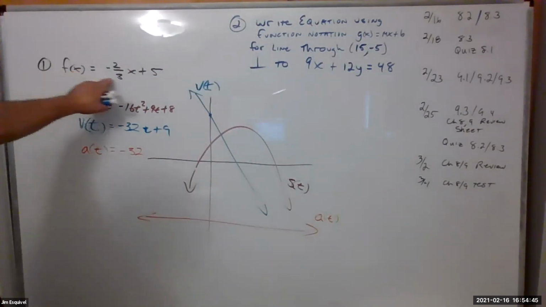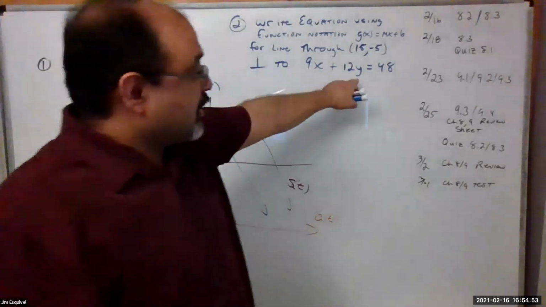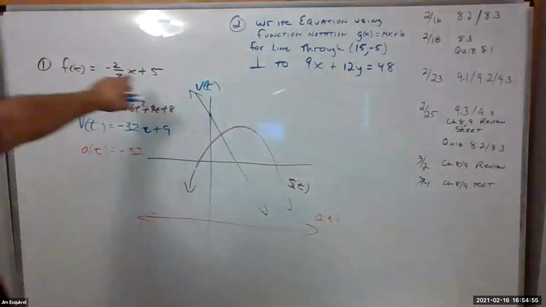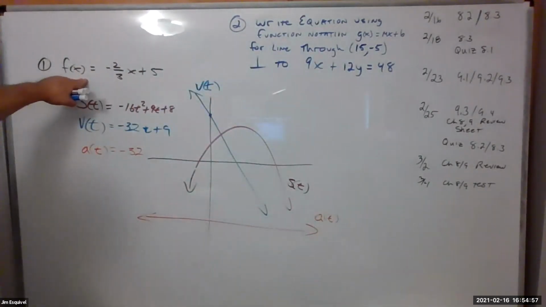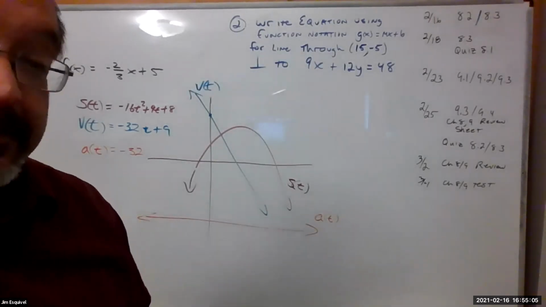This is always in slope-intercept form. So this is always the quickest, easiest way to graph that we want. You don't have to go and try to solve for y first. It's already y by itself every single time. That's why we like function notation.